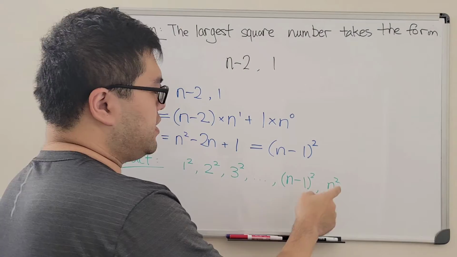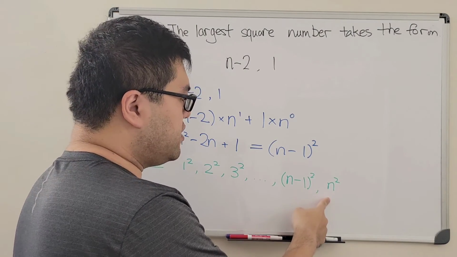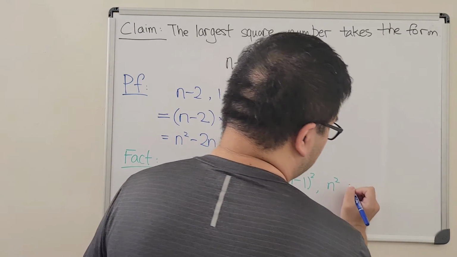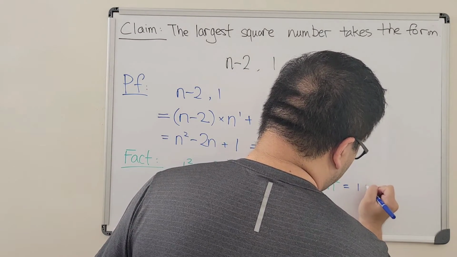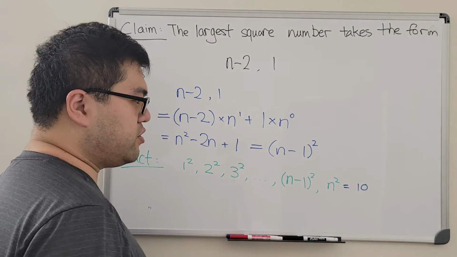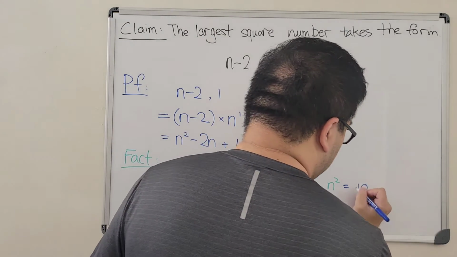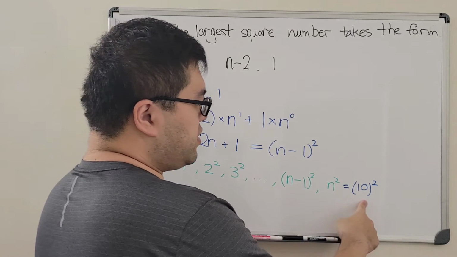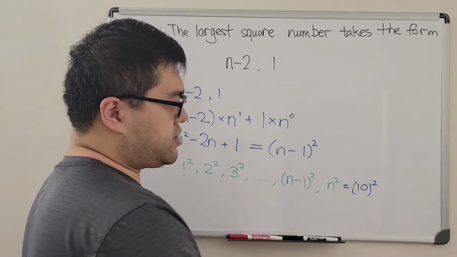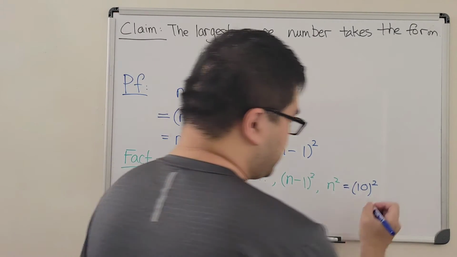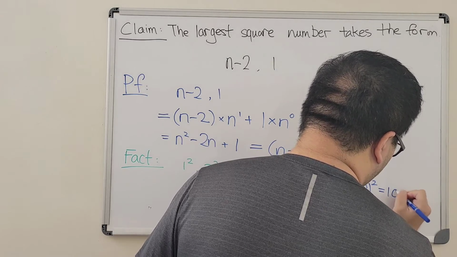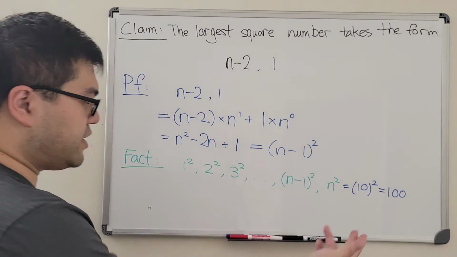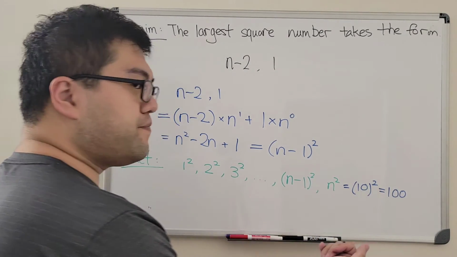But again, since we're writing it in base n, the number n will have the expression 10. And again, this is not the same as ten. It is just the notation that we use in base n. Where we know that 10 squared is just the same as 100, similar to how when we multiply 10 by 10, we just get 2 zeros after the 1.